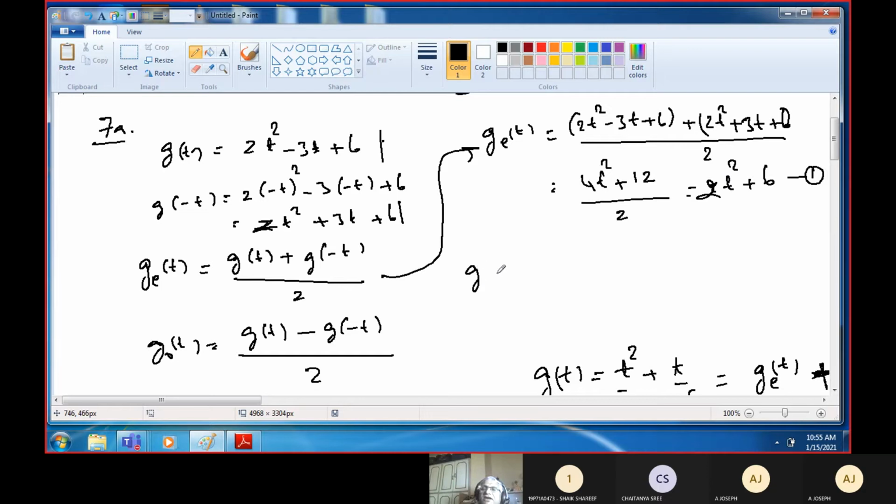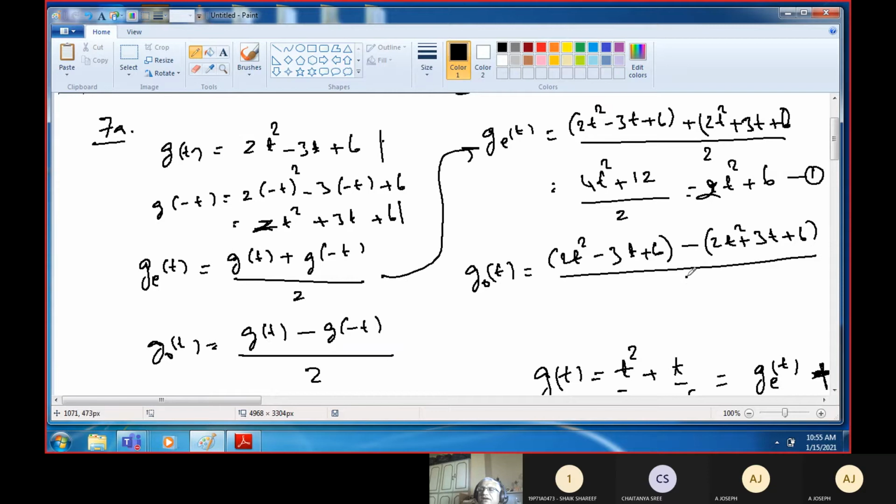Correct? So in the same way, we have to find the odd part. So what is the odd part? This minus this one. So 2t square minus 3t plus 6 minus 2t square plus 3t plus 6, divided by 2.